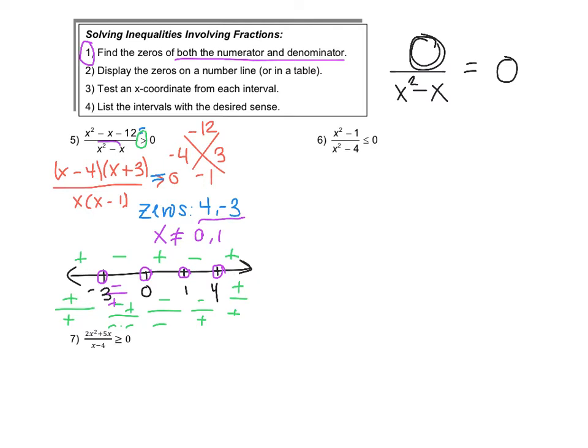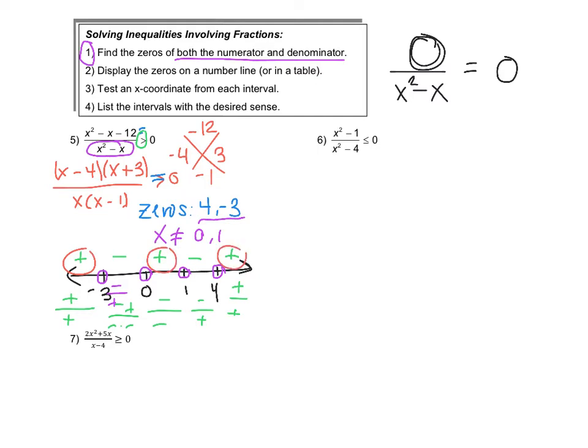We'll never be able to include zeros from the denominator because it simply cannot equal those values. So these two would always be open circles no matter what. But since we're looking for strictly greater than, then these are all open circles. So again, my solution is coming from where this is positive, and we see it being positive on these intervals.